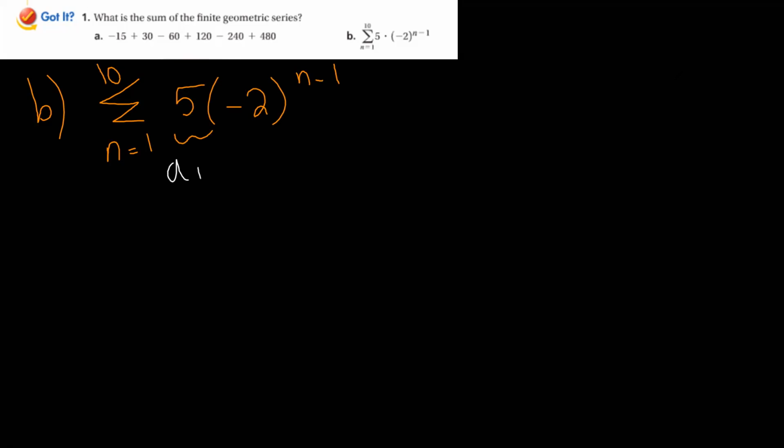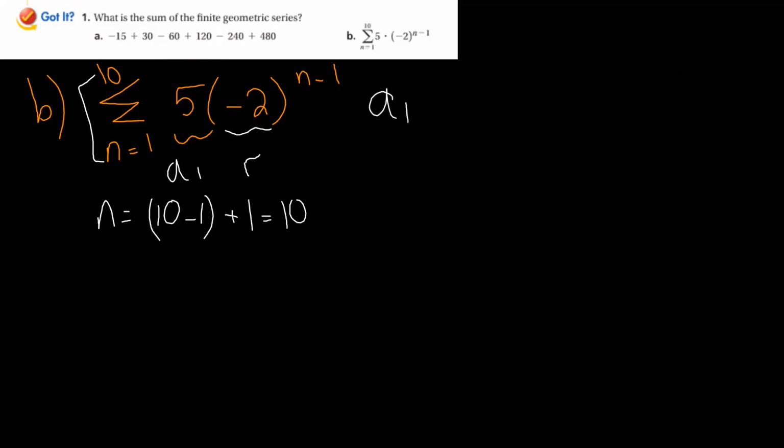It is 5, and R is negative 2. And n, the number of the terms, is 10 minus 1 plus 1, which is 10. Okay, then after that, I have A1, I have R, I have n, so I can find the summation.